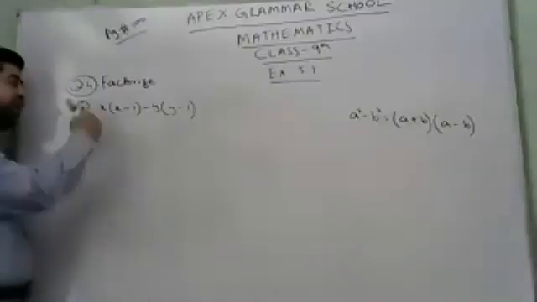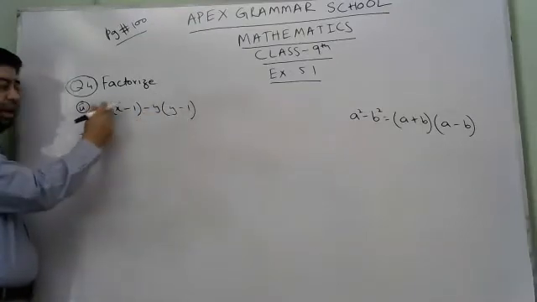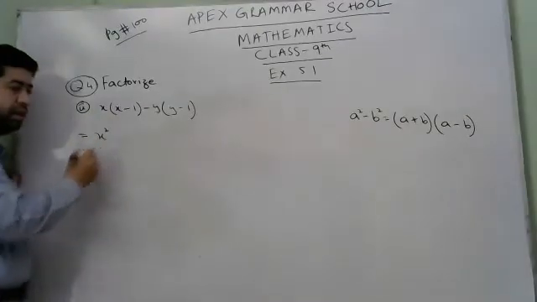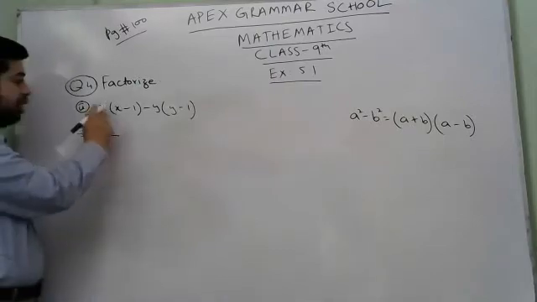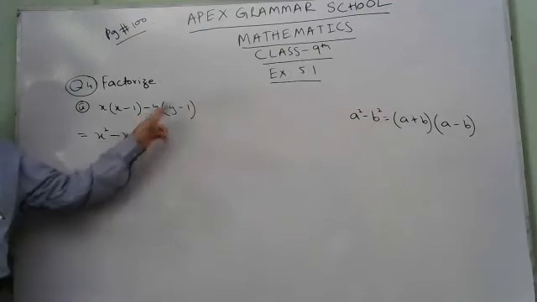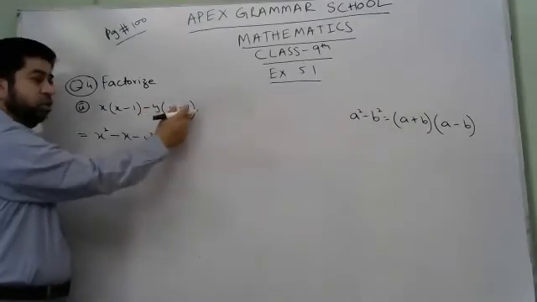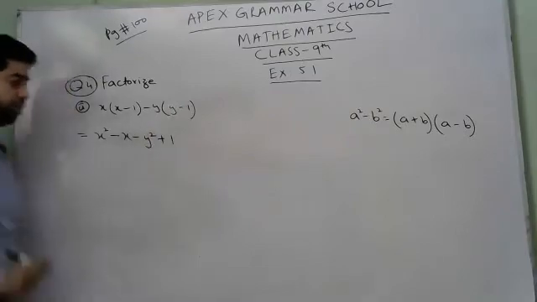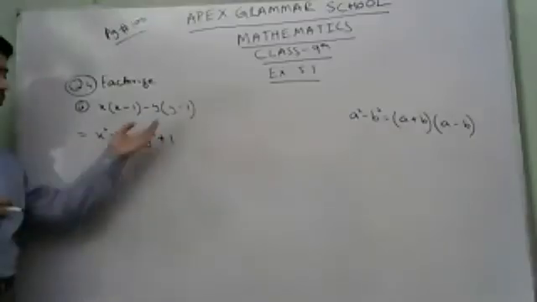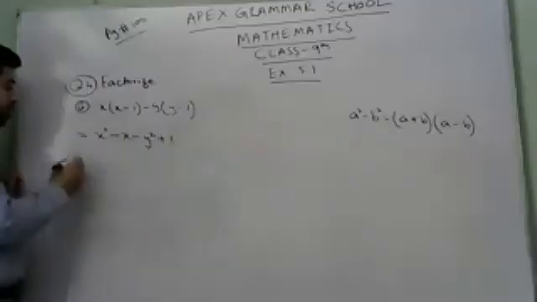So you have to again multiply x inside and negative y inside. So x into x, that is x squared, minus x multiplied by 1, that is x, and minus y is going to multiply with y, that is minus y squared, minus y into minus 1, that is positive y. Now you have to check if there is anything common.